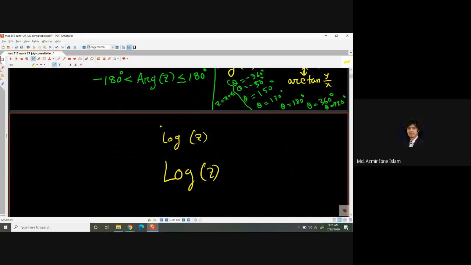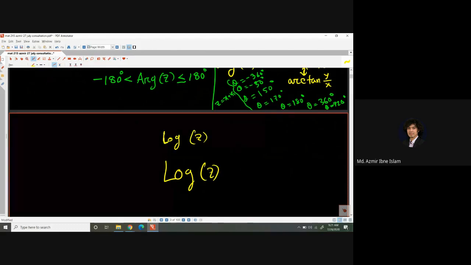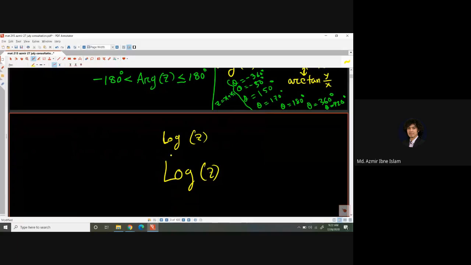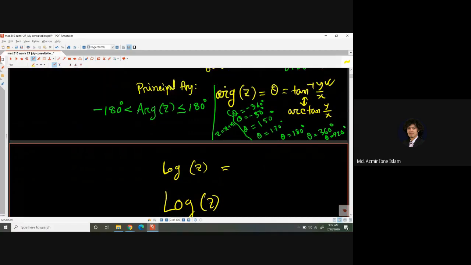So you can see that I have written two parts, that is small l and capital L, lowercase and uppercase. So logarithm of z is going with small arg, and there is a relation between this and this.